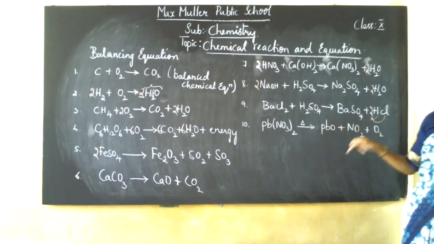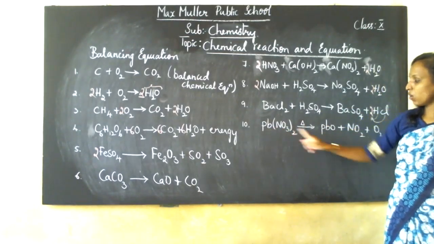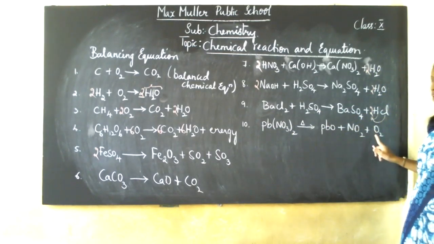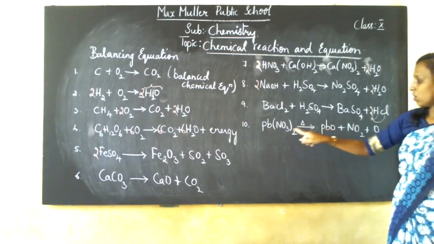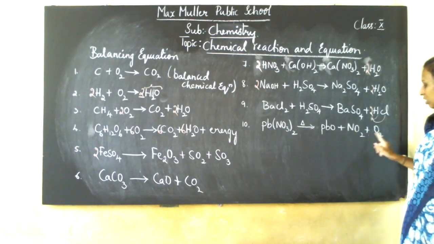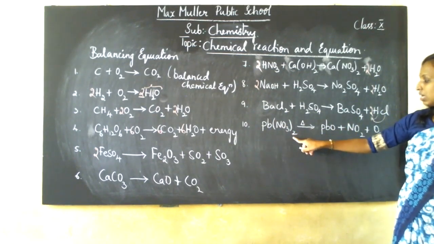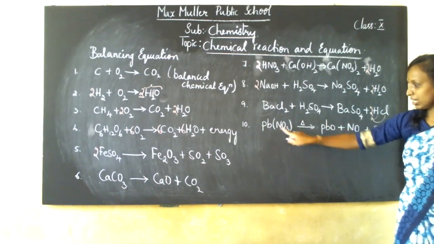Right? Next equation. Lead nitrate on heating gives you lead oxide plus nitrogen dioxide, and oxygen is liberated out of it. Now check out the equation. Pb is 1, Pb is 1. Oxygen 1, 2, 3, 4, 5, 5. Then here 3 2s is 6. Now what exactly you have to do is, nitrogen is 2, children. See, nitrogen is 2.